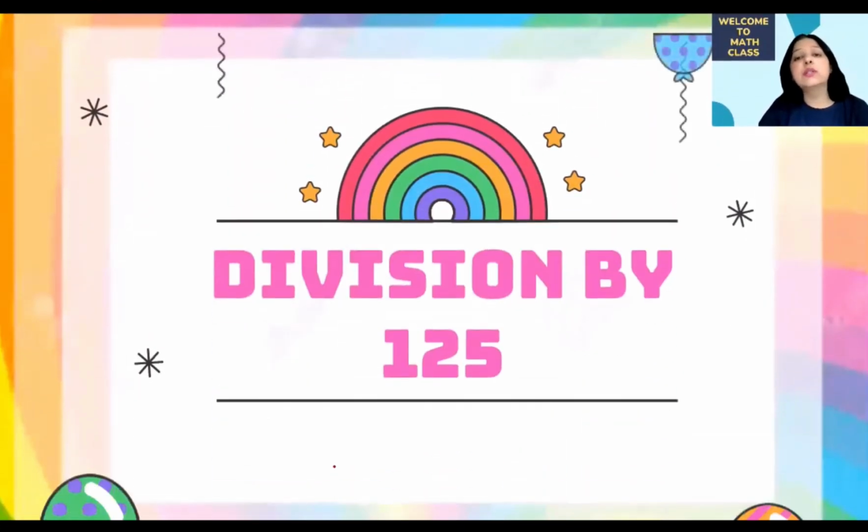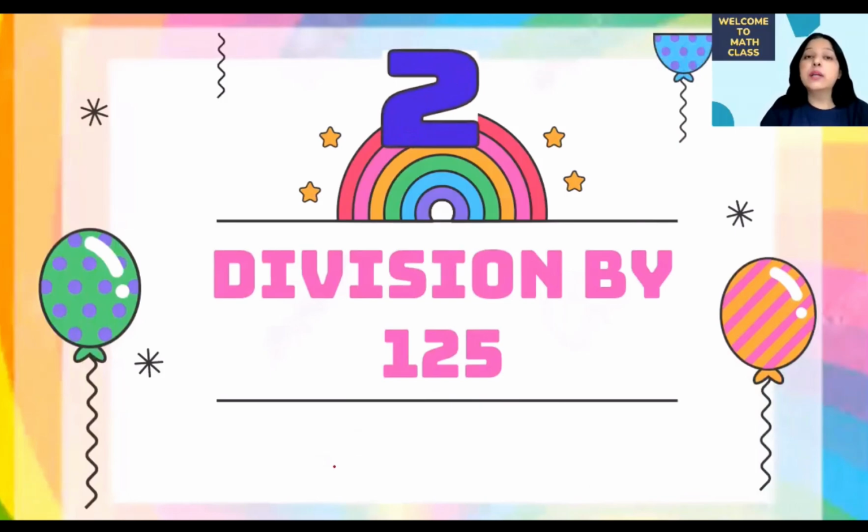Next concept is division by 125. Is there any connection between 125 and 1000? Yes. Like we discussed with 25, 50 and 5, the same thing we can apply for 125 also. So children, 125 is what? 125 is 1/8 of 1000.